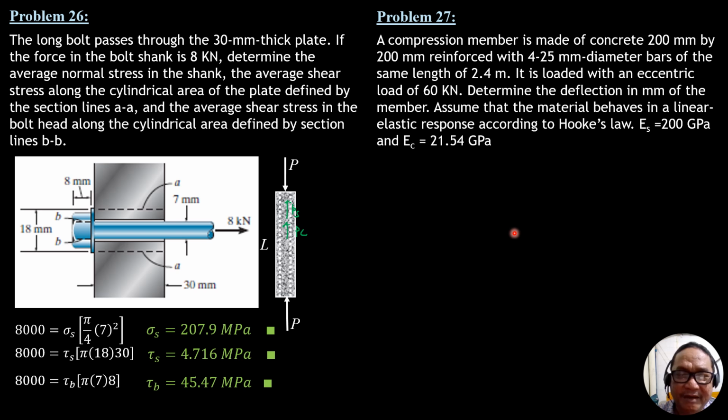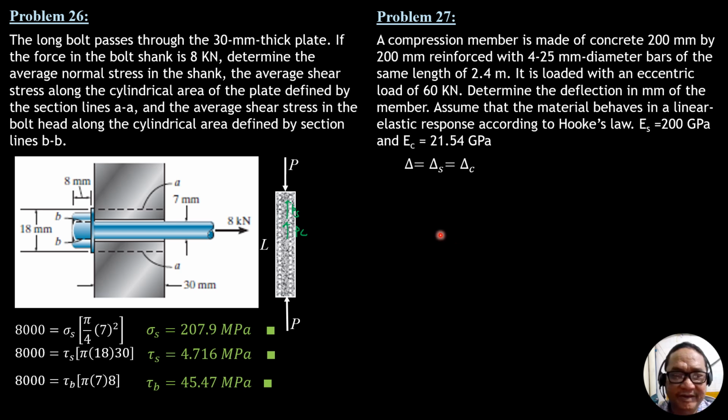So the idea is delta equals delta S equals delta C. The delta of the entire composite system is equal to the delta of steel alone and the delta of concrete alone.